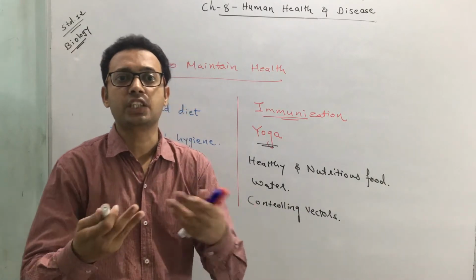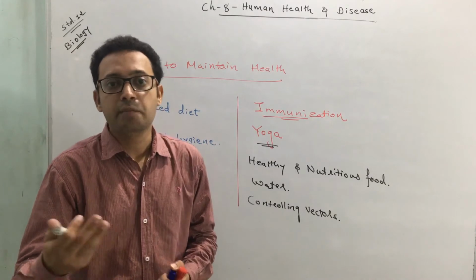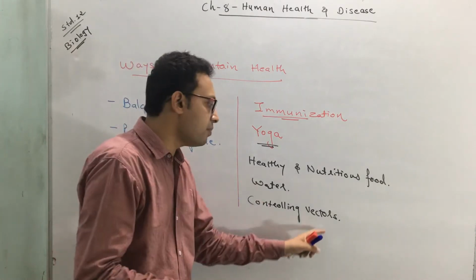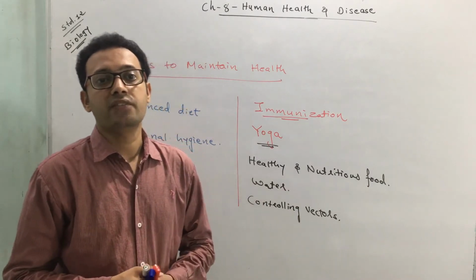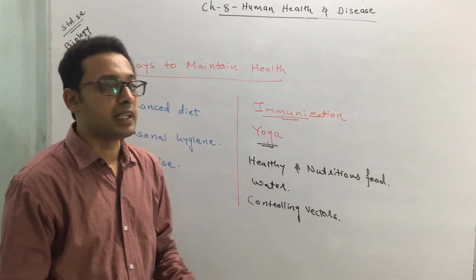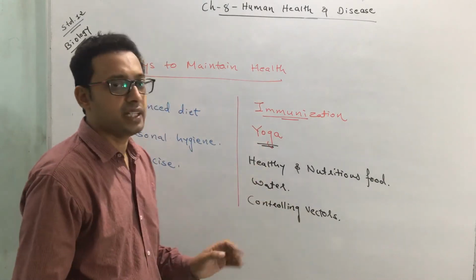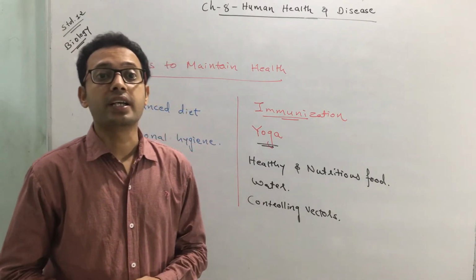Like a mosquito, which spreads malaria or dengue. So we control the number of vectors. By controlling the number of vectors, even the spread of disease can be controlled, and ultimately health can be maintained. So these are some of the ways by which health can be maintained in good condition.